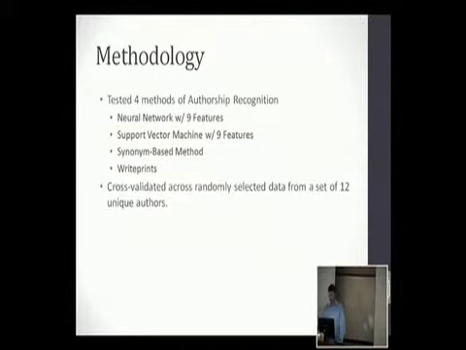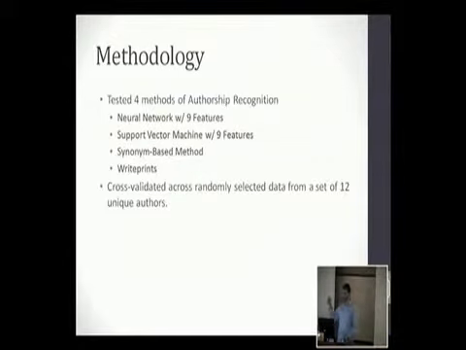And the reason we use this variety of methods is we know one of the main rules in stylometry is that there is no one-method-fits-everything solution. You have to find a solution that fits your data set. And we wanted to try and cover the bases on the different methods that are out there, the different kinds of features that are used, the different kinds of classifiers that are used.